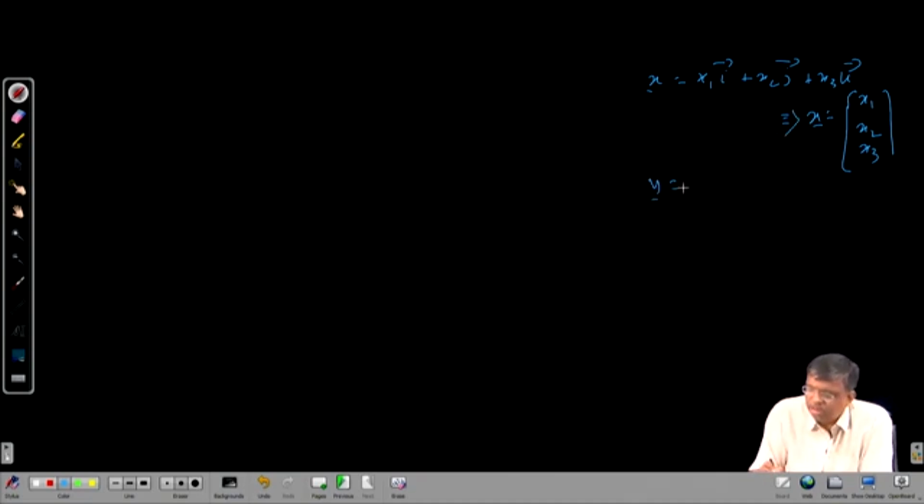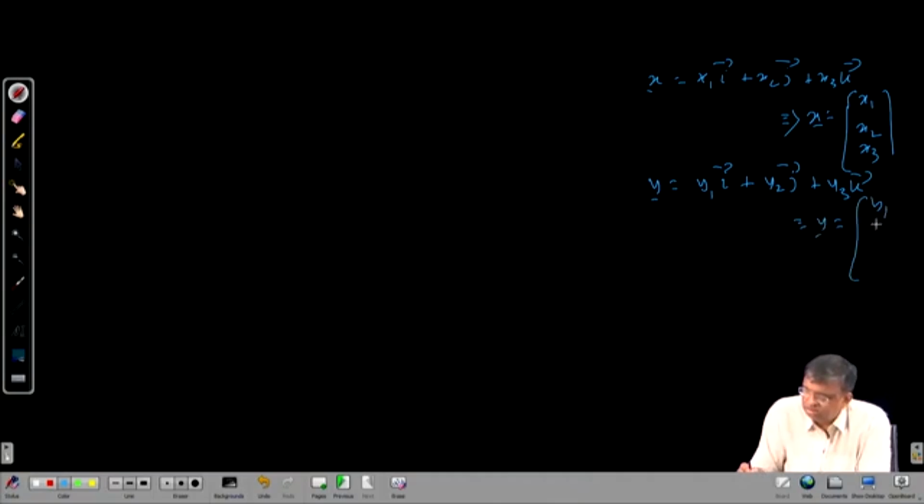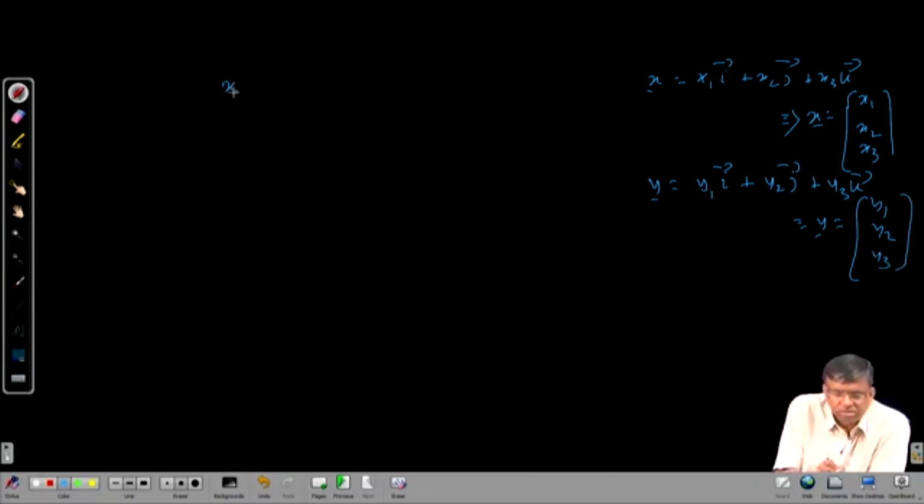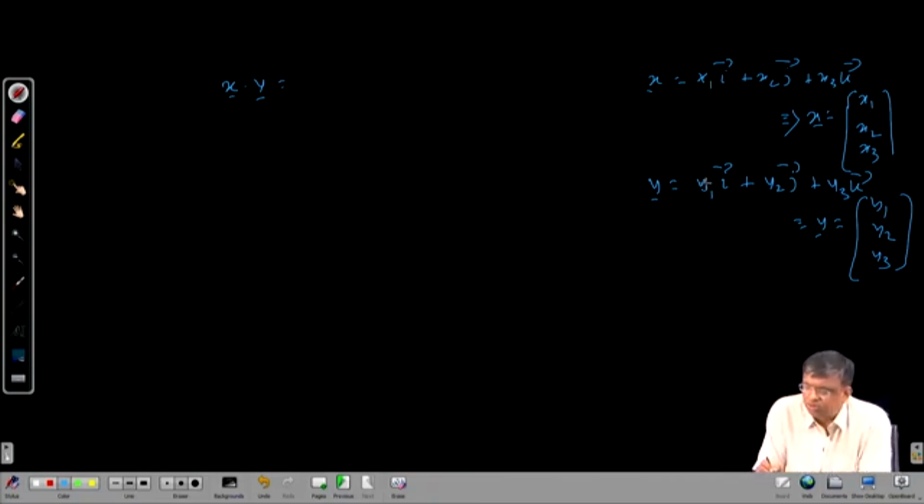Similarly, suppose y is y1 i plus y2 j plus y3 k, then the dot product between them will be x1 y1 plus i dot j 0, i dot k 0, like that.